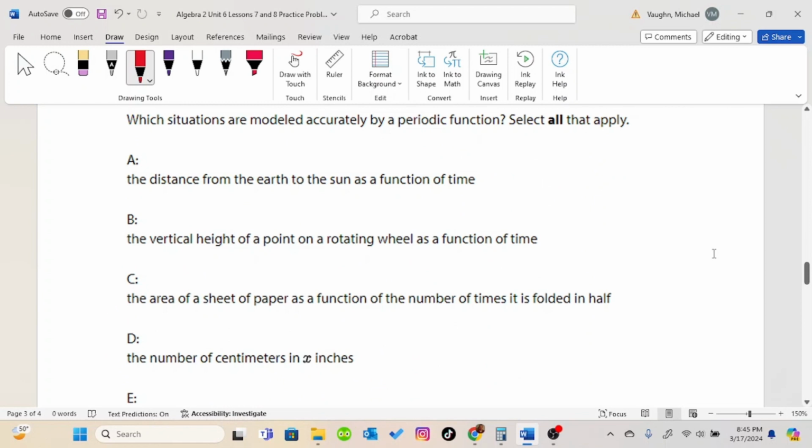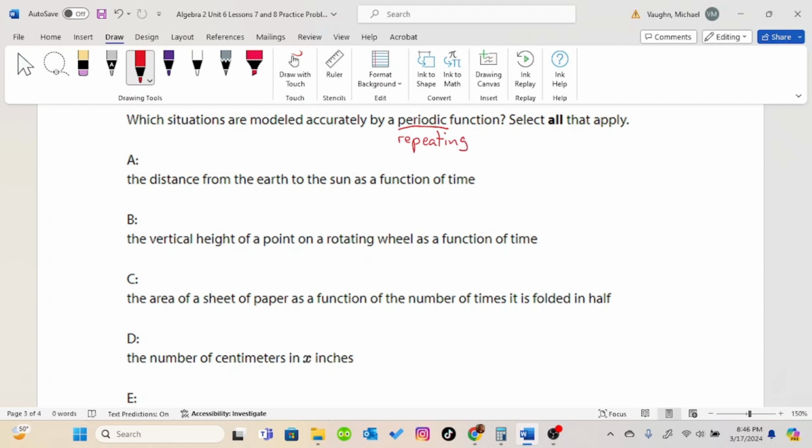Which situations are modeled accurately by a periodic function? Select all that apply. So the key here is that this is a periodic function. And periodic means repeating.